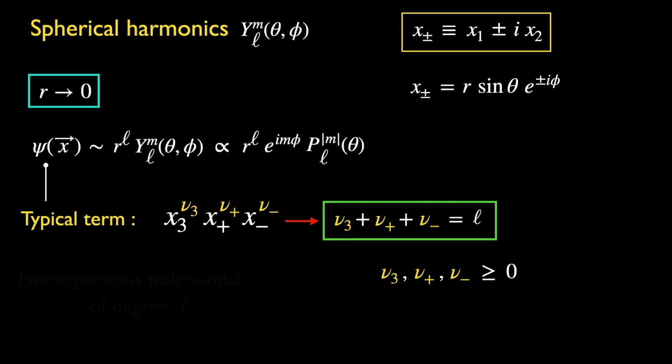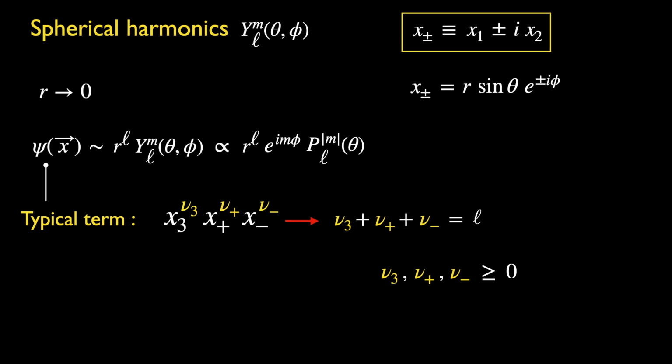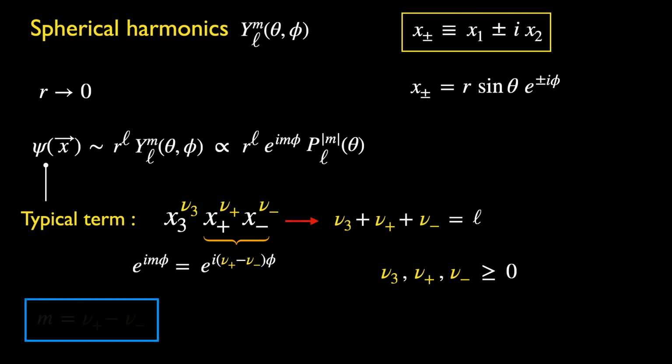Psi is a homogeneous polynomial of degree L. The term consisting of the product of x plus and x minus corresponds to the eigenfunction of L3. This implies that m must be equal to the power of x plus minus that of x minus.